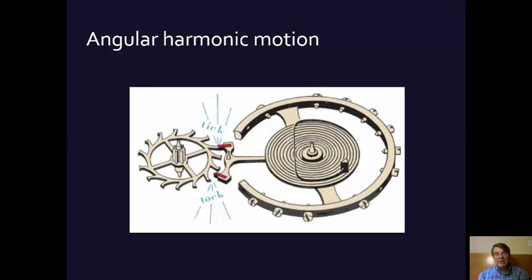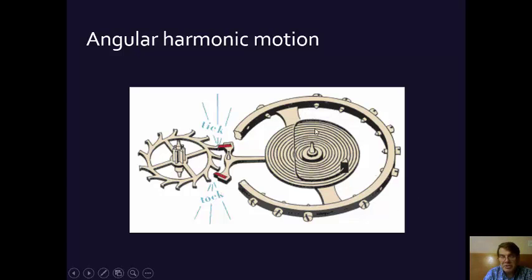There's also something called angular harmonic motion. If you're wondering what this crazy looking contraption is, this is a spring that might be used in a mechanical watch. You have the balance spring and the balance circle. This is the balance spring, and then this is the balance circle.